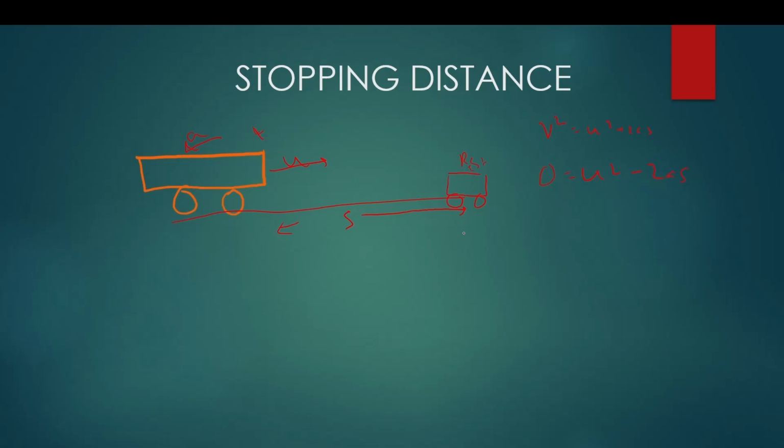So now 2as equal to u square, or s is equal to u square by 2a. So you can see the stopping distance s is directly proportional to the square of its initial velocity. s is directly proportional to u square.